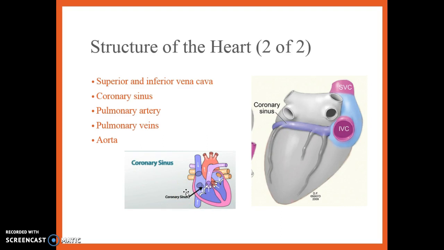They return all of the venous blood to the heart. That enters the right atrium, which is kind of like a little holding cell. It then goes through the tricuspid valve into the right ventricle.